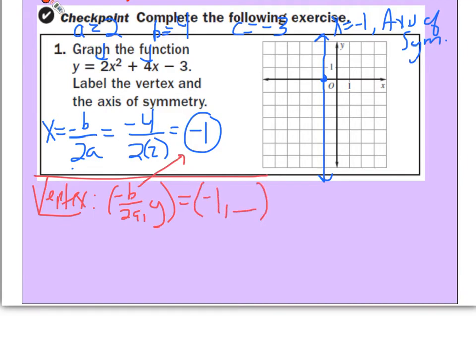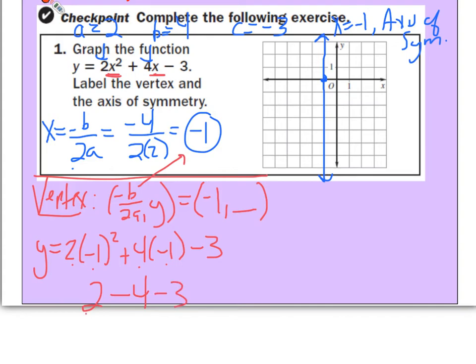To find the y value, I'm going to put our x value of negative 1 back into this equation and see what we get. So for this, we'll do y equals 2 times negative 1 squared plus 4 times negative 1 minus 3. Negative 1 squared is 1 times 2 is 2. 4 times negative 1 is negative 4, so it changes the subtraction, minus 3.